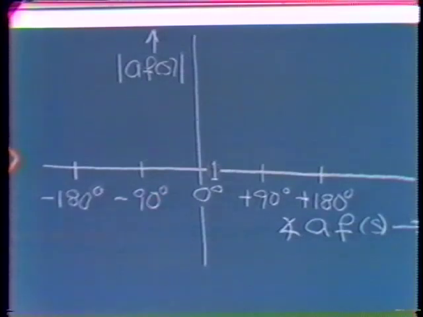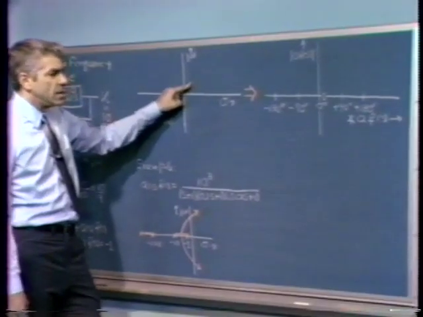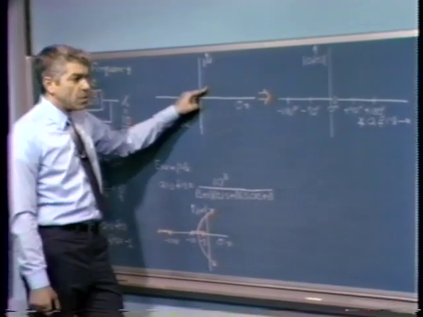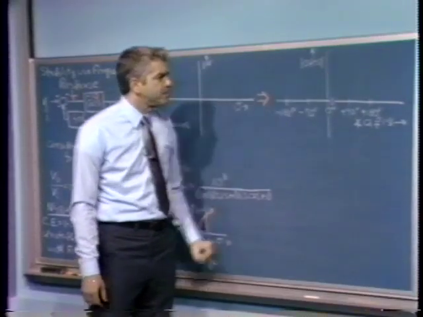Again, we'll see many uses of a presentation of the loop transmission or the negative of the loop transmission, the AF product, in a gain phase plane. But the important point is, of course, we can go from a point in the S-plane, substitute in that value of S to the expression for AF, and determine a magnitude and angle which we then plot in the AF plane.